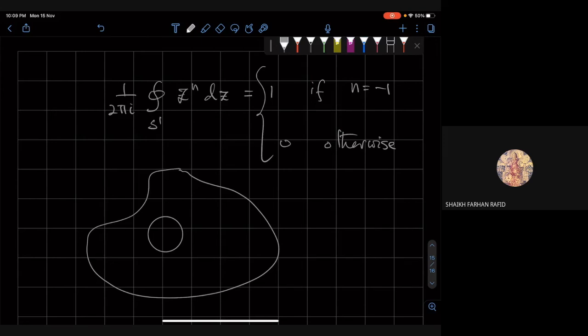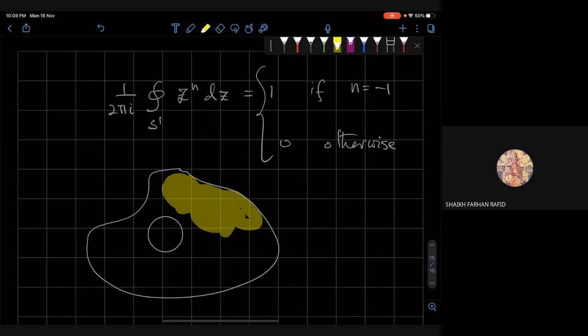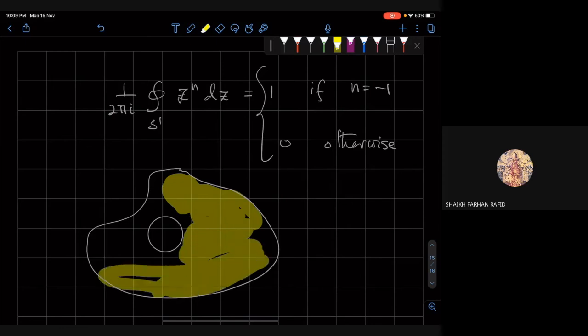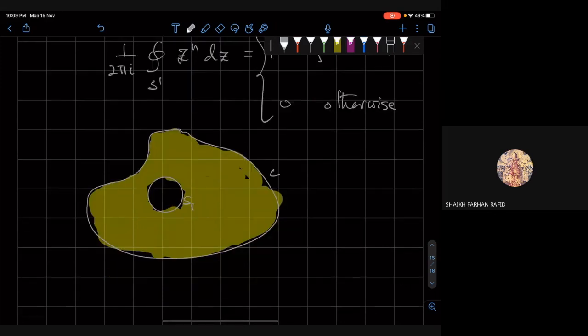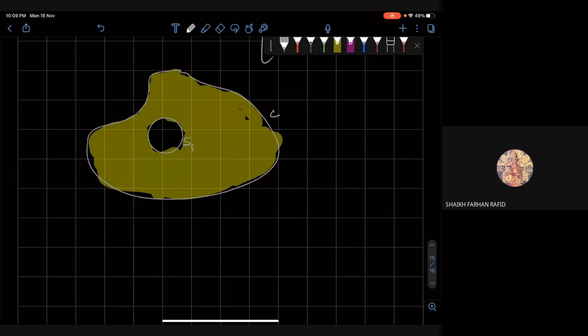Now, as long as in this annular region your function doesn't have any singularities, okay, then if this is, say, S1 and this is C, so in the yellow region there are no singularities, then you can show that the integral of f of z dz over S1 is also true for the bigger thing, or the deformed contour.